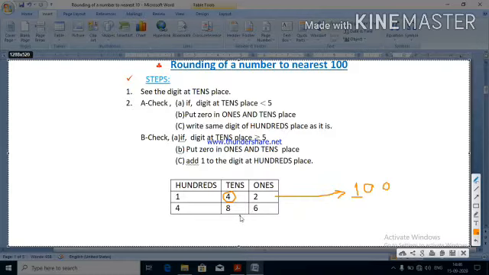In the second question, see the number at tens place. Here 8 is greater than 5, so you have to put zeros in ones place as well as in tens place, but you have to add 1 to 4. This gives you 5. So the nearest 100 is 500.